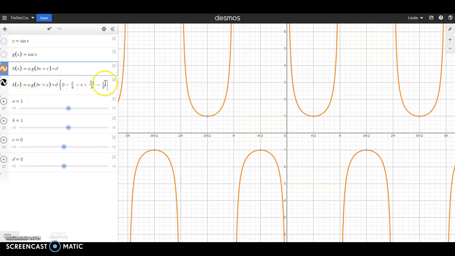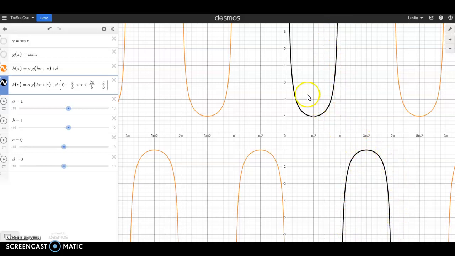I'll just point out that the highlighted black graph here is 1 full cycle of cosecant. Remember that since sine has a period of 2 pi, cosecant also has a period of 2 pi, but it's broken up into 2 parts, this part here and this part down here.